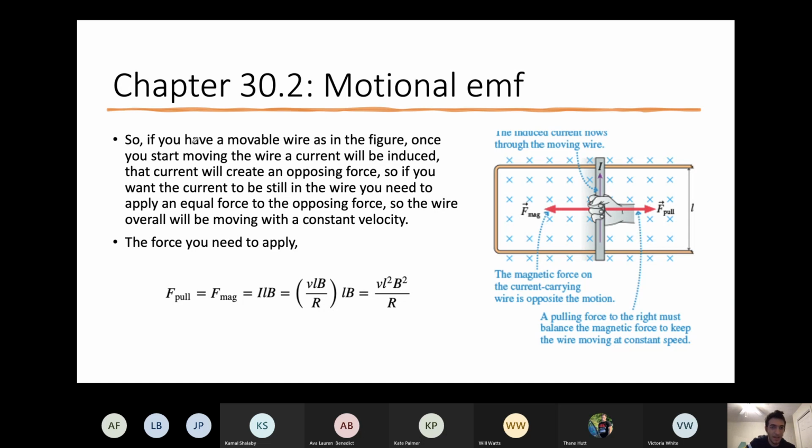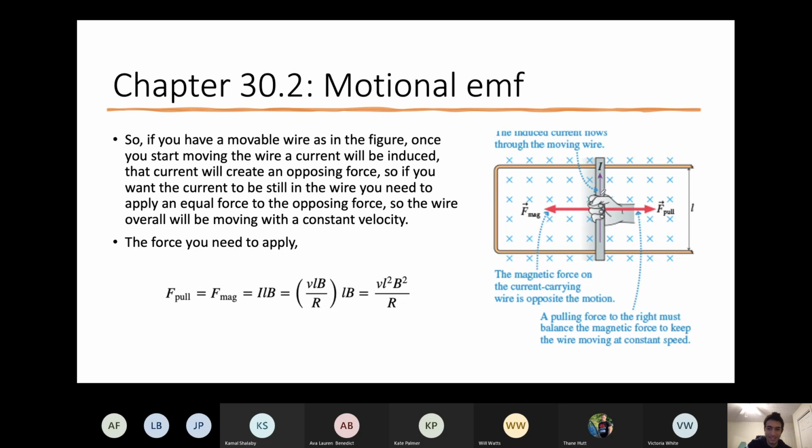So if you have a movable wire, as in this figure, once you start moving the wire, a current will be induced inside the wire. That current in itself will create an opposing force.